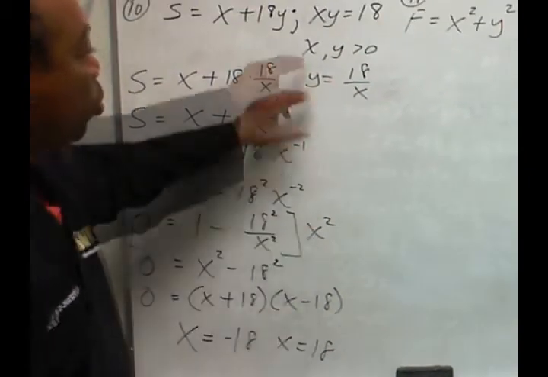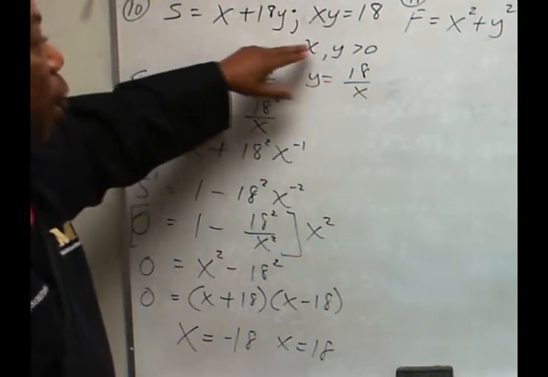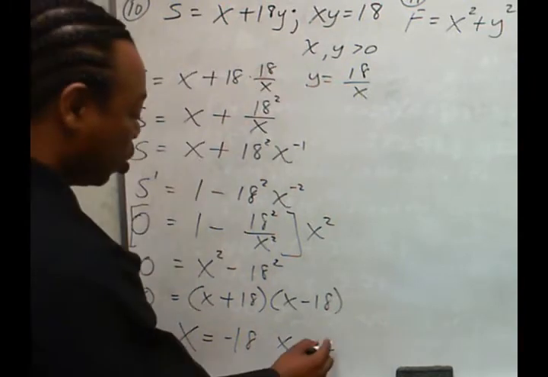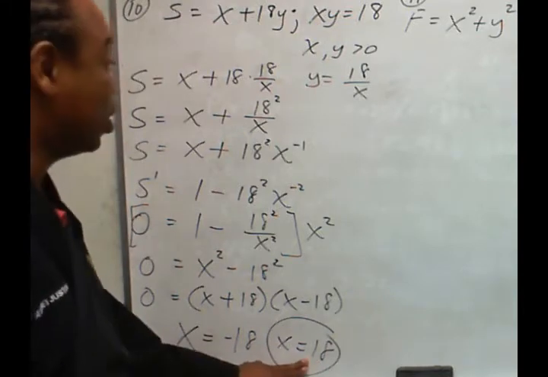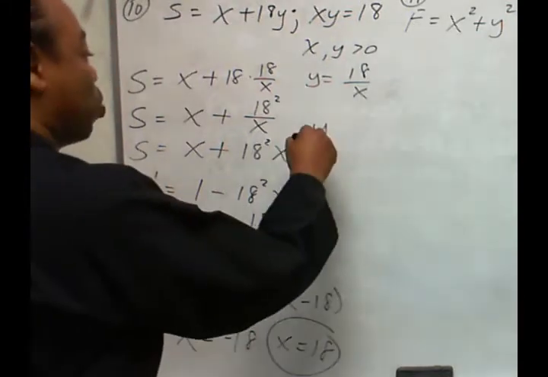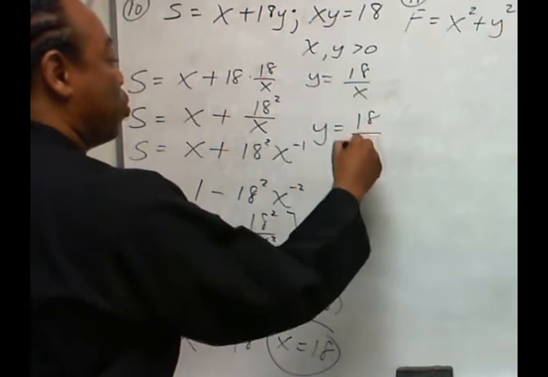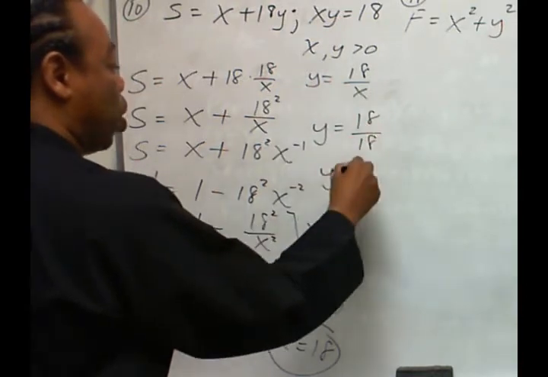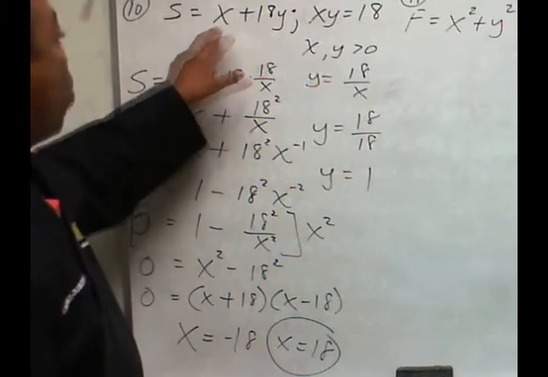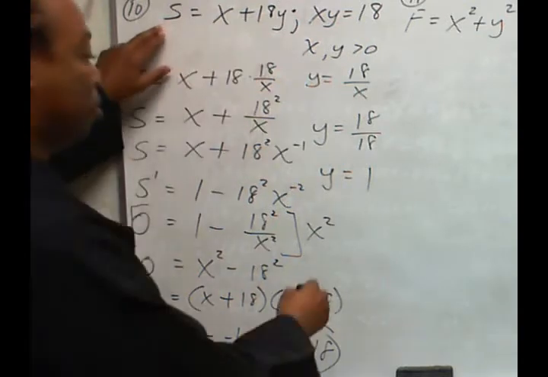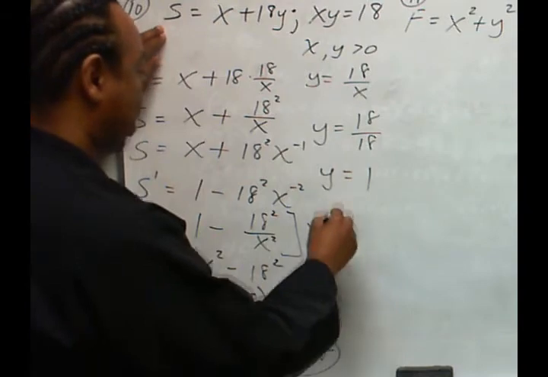But remember, we were told that x and y must be greater than 0. So I'm going to use that x is equal to 18. So this will give me y equals 18 over 18, which is y is 1. So now that I know that y is 1 and x is 18, I can replace those values.